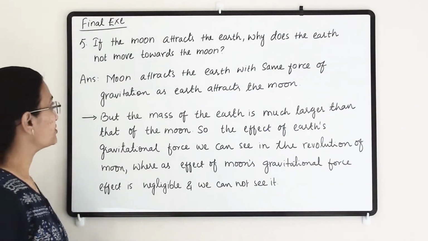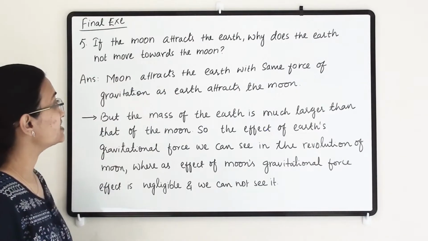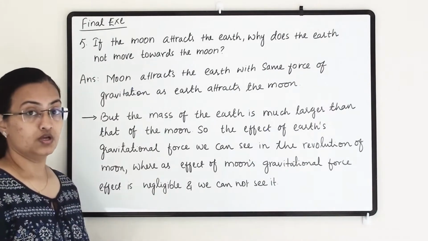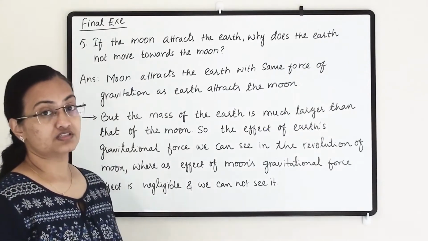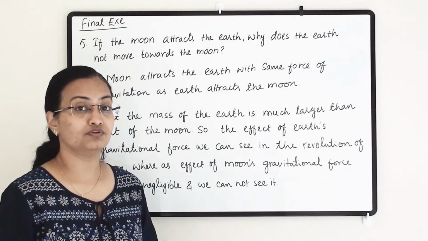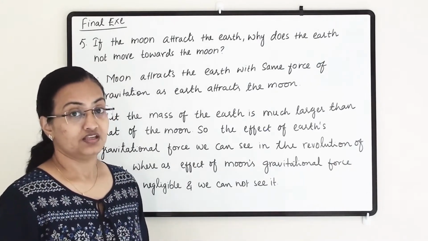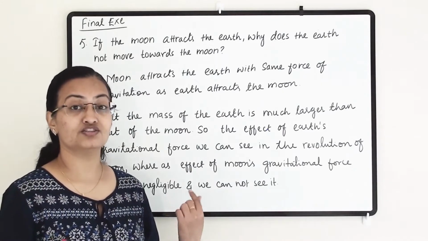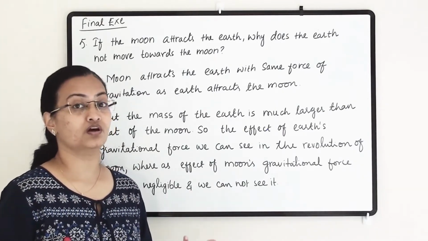Our fifth question is, if the moon attracts the earth, why does the earth not move towards the moon? In the earlier question we discussed that the earth and moon both attract each other with the same force of gravitation. Then why does the earth not revolve around the moon?